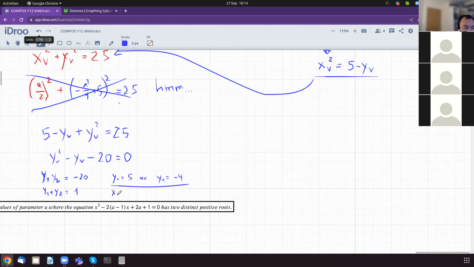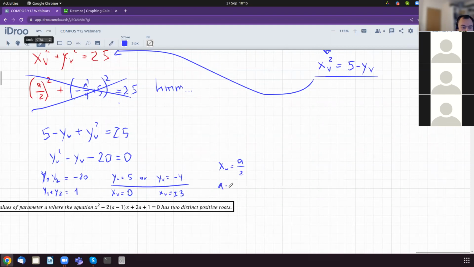So in this case, x vertex is 0, or x vertex squared is going to be 5 minus minus 4, so 9. So x is plus or minus 3. So there are 3 possibilities, and we know that x vertex is a over 2.